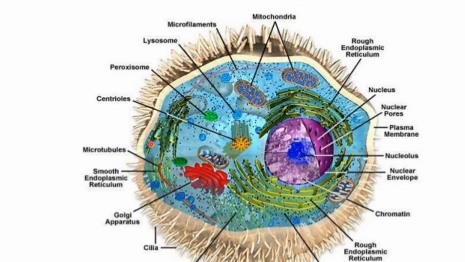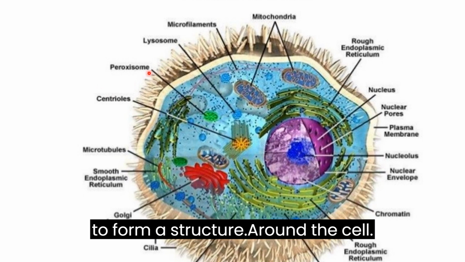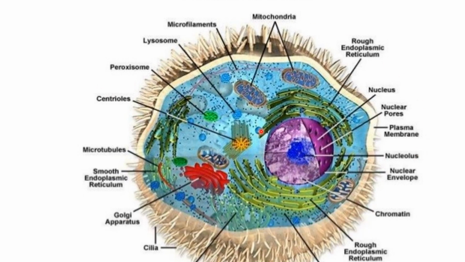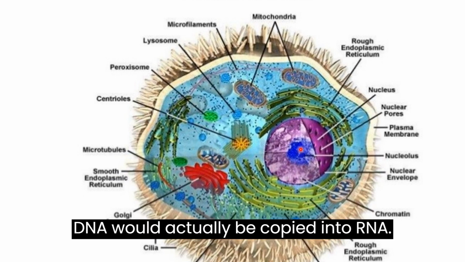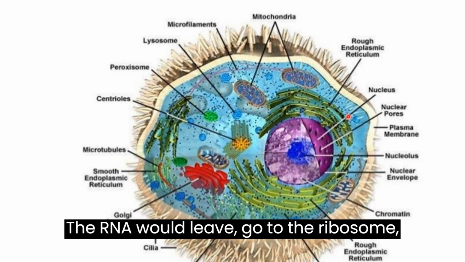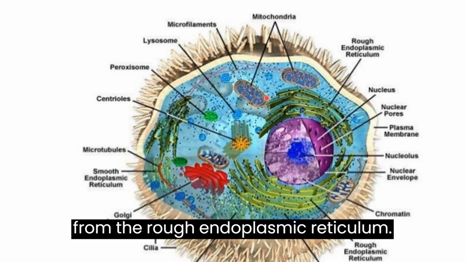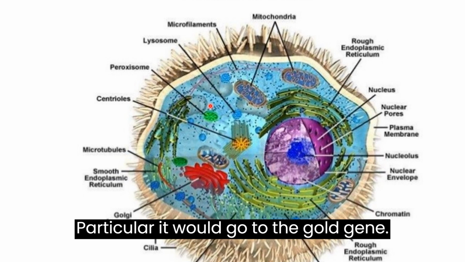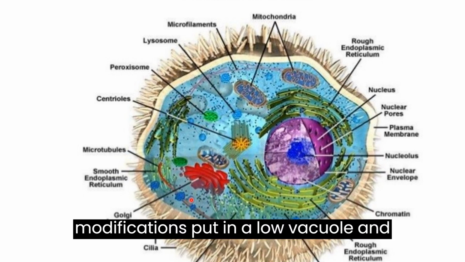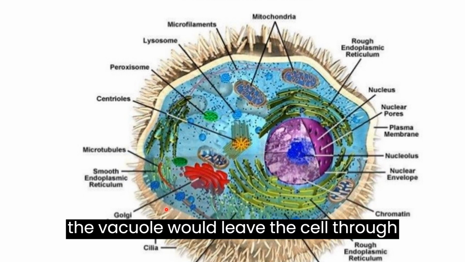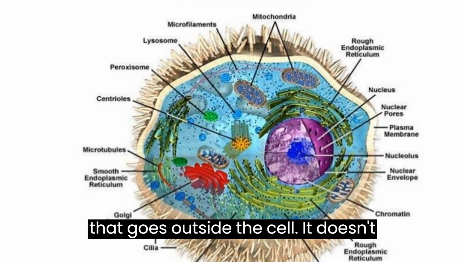So let's say you're making a protein that you wanted to use to form a structure around the cell. It would go from the nucleolus, the DNA would actually be copied into RNA, the RNA would leave, go to the ribosome, go to the rough endoplasmic reticulum. From the rough endoplasmic reticulum, it'd go to the Golgi, which would do some modifications, put it in a little vacuole, and the vacuole would leave the cell through exocytosis, and so you'd make a protein that goes outside the cell.